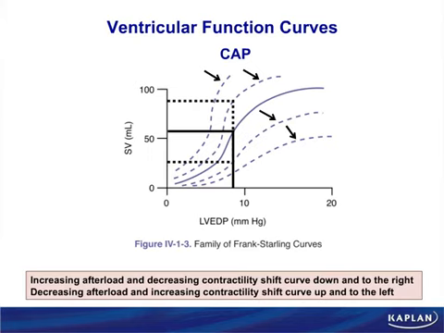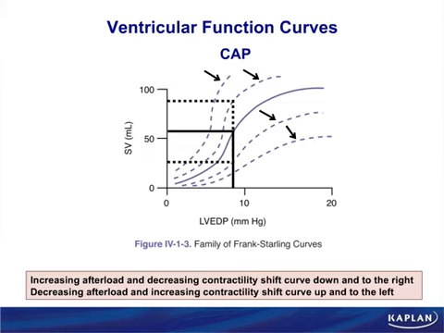Notice that the x-axis is stroke volume. If contractility goes up, then the curve shifts up. So there's a direct relationship between contractility and cardiac output. If contractility falls, the curve shifts down. And so stroke volume falls, thus cardiac output falls. Remember, we can put cardiac output on the y-axis. Doesn't have to be stroke volume.